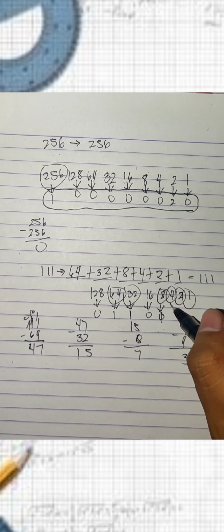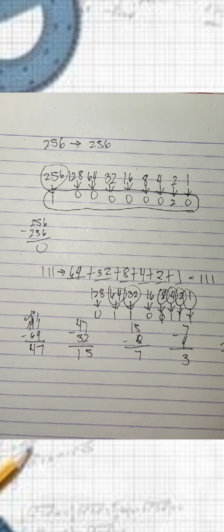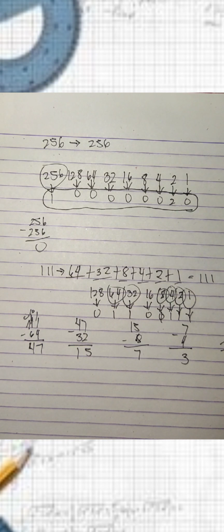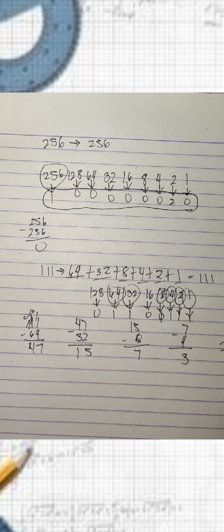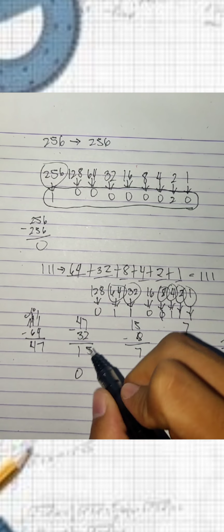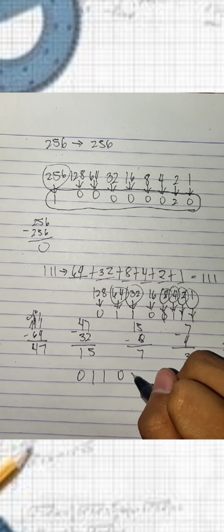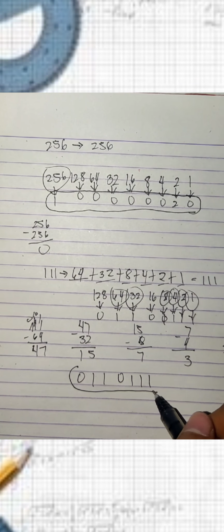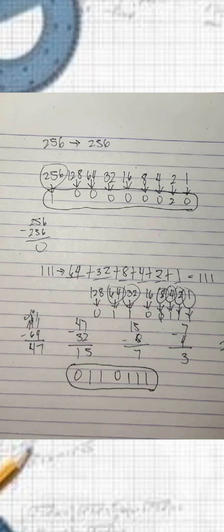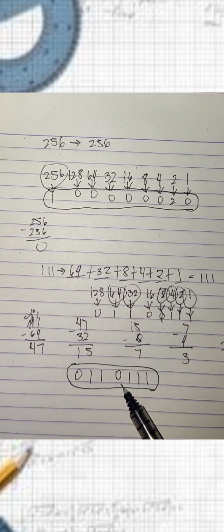Ay, meron. 4, meron. 2, meron. 1, meron. So, ang decimal natin 111, ang binary niya pag kinonvert mo sa binary is 0, 1, 1, 0, 1, 1, 1. So, ito na yung 111 natin sa binary. Yan. From decimal to binary.